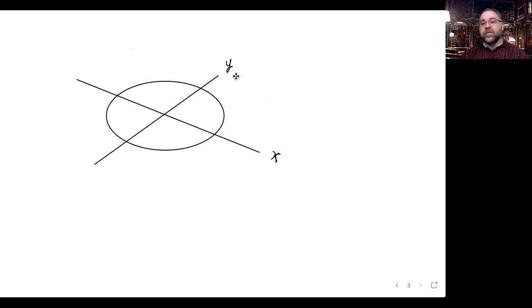Then our cross sections were like squares or rectangles or triangles or whatever, and we said, oh yeah, so let's just do a square that's perpendicular to the x-axis. So you had a square that was across like this, right?